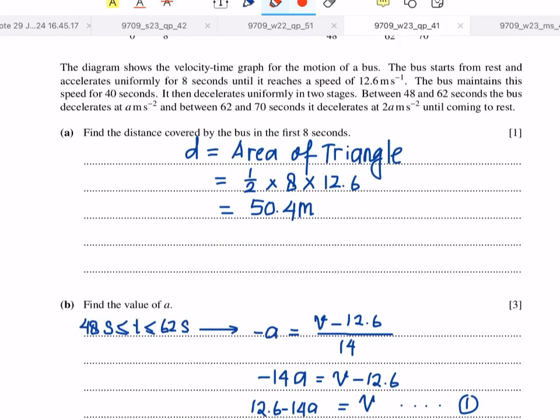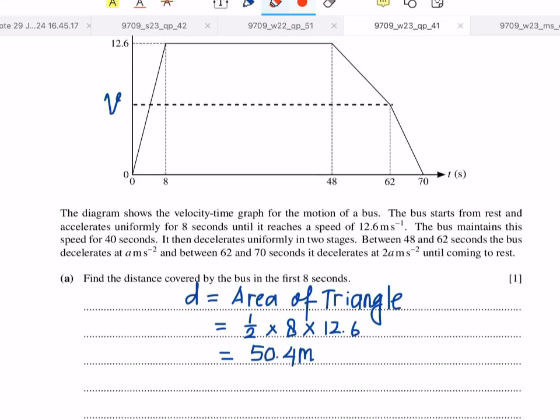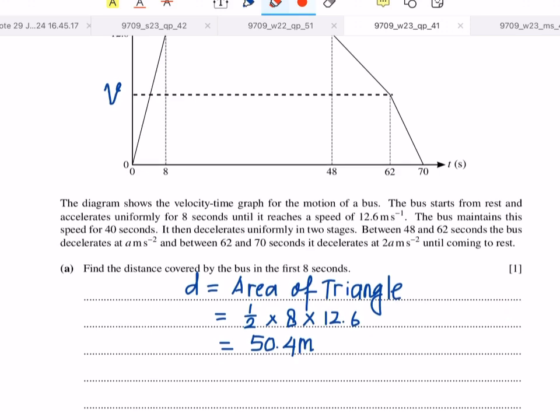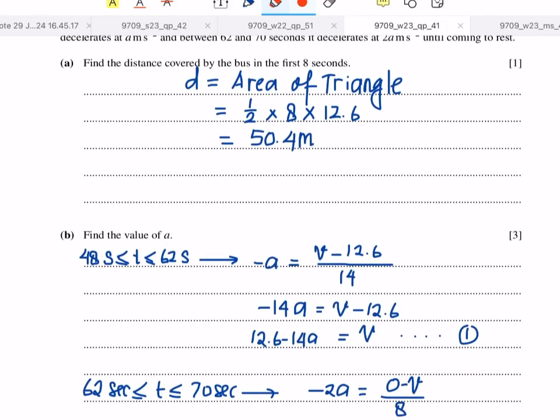First, between 48 seconds and 62 seconds, this part of the motion, the equation will be negative A, since this is deceleration, is equal to (V minus 12.6) divided by the time 14.